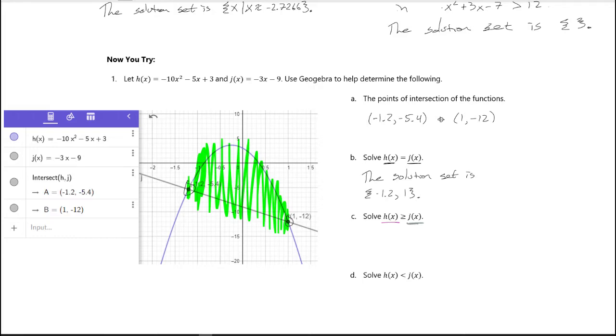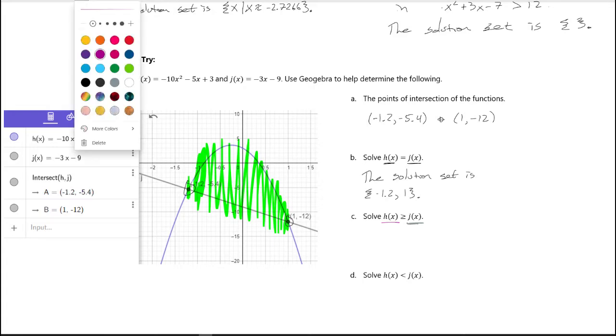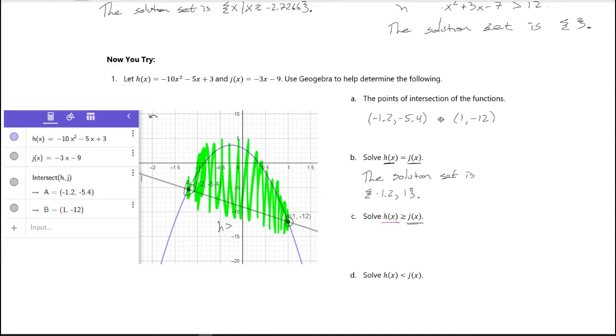We can see that that happens in this green shaded region, so h is greater than or equal to j when x is between negative 1.2 and positive 1.